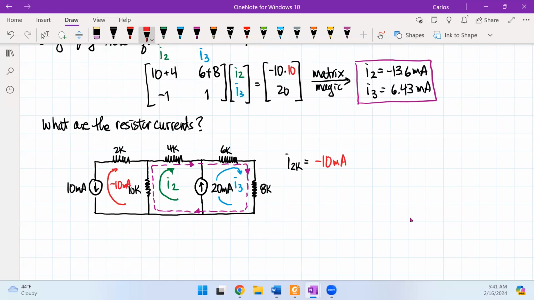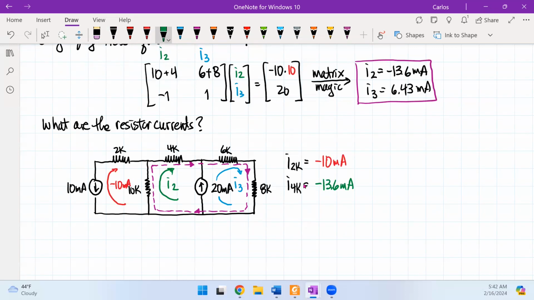Now look at the I4. The I4 is also isolated. So if I look at the I4K, that's isolated with I2. So then I2, we see here that that has to be minus 13.6 milliamps.